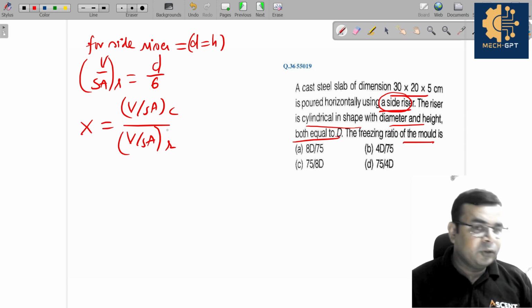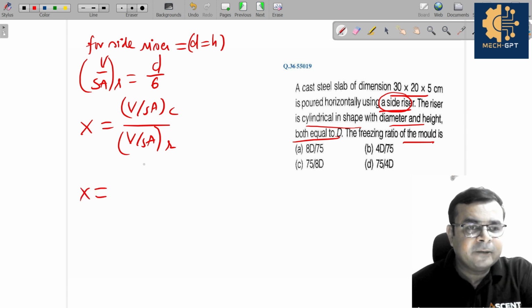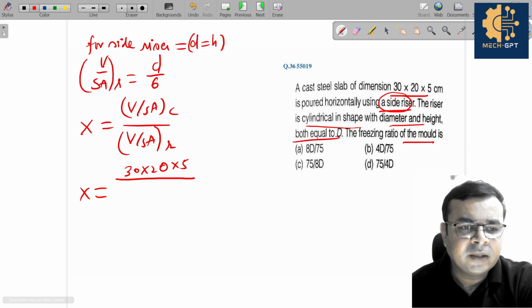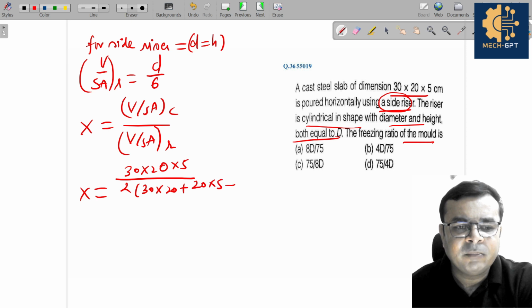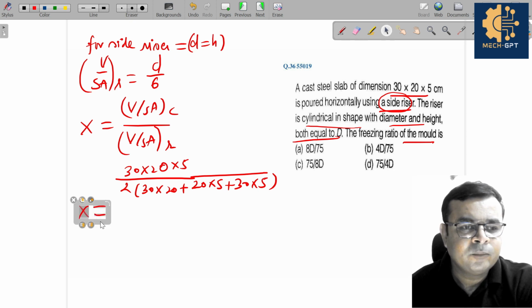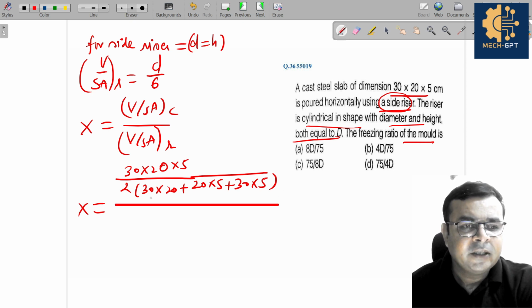So simply if I put these values here, V by SA of casting can be written as 30 into 20 into 5 over 2 times (30 into 20 plus 20 into 5 plus 30 into 5). So this is V by SA of casting. And similarly, if I write V by SA of riser, this is D by 6, and what is the diameter?